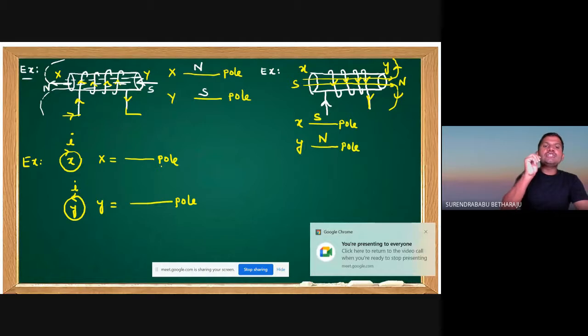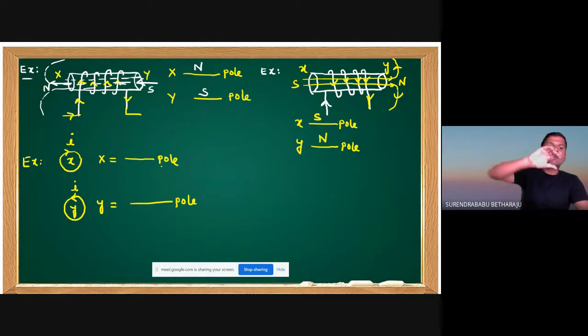See, the direction of current is this one. Curled fingers indicate the current direction, which means the thumb indicates the flux direction.